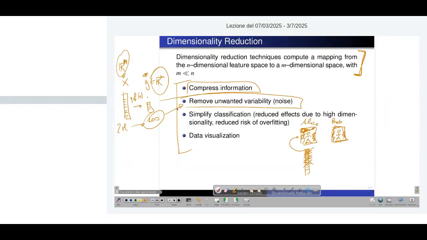So removing unwanted variability is connected to simplifying classification. We also said that simplified classification means that if we have lower dimensional data, then it's easier to estimate distributions in space, because the larger the input dimension, the more sparse the data. We have seen this yesterday with a histogram.